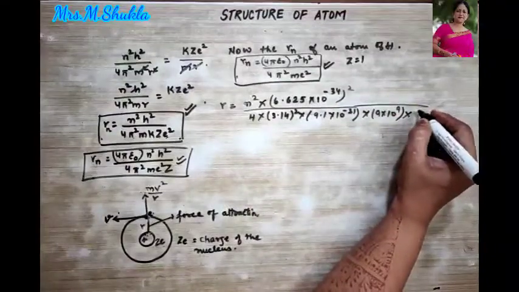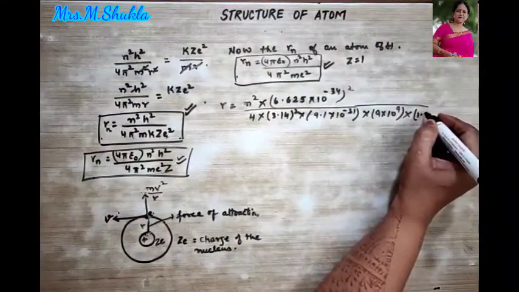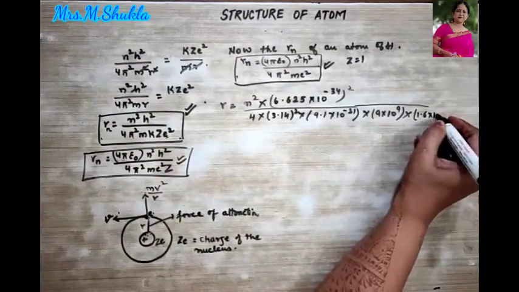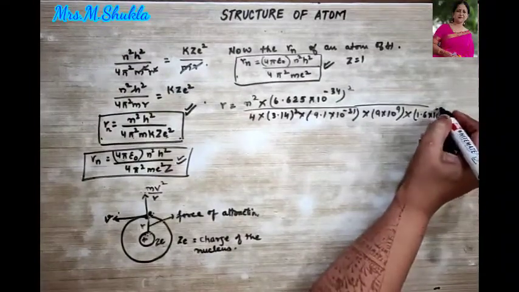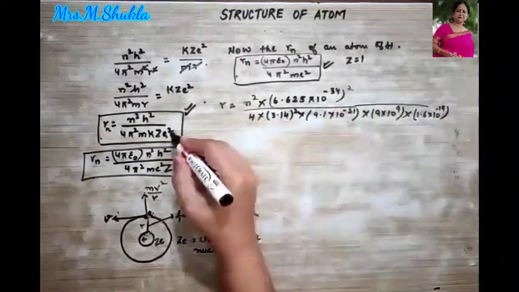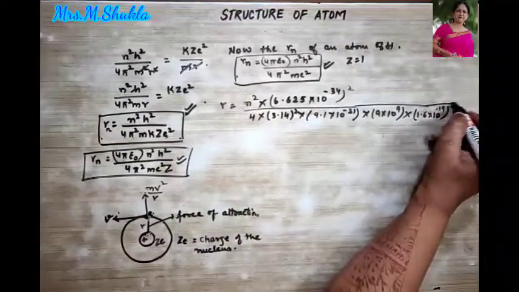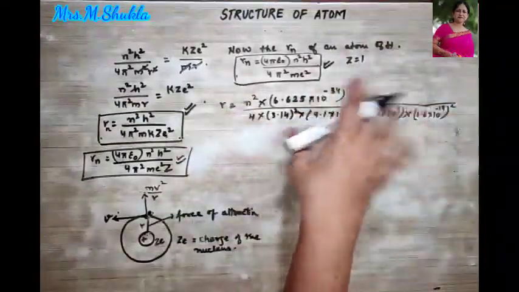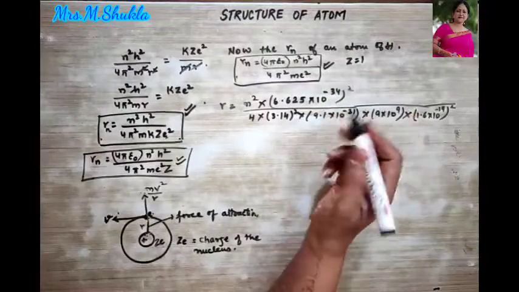What is the charge of electron? 1.6 into 10 to the power of minus 19, and this is whole square. So if you calculate the whole thing, what are we going to get?